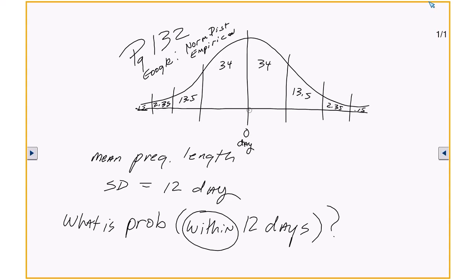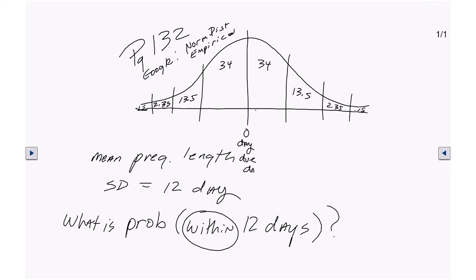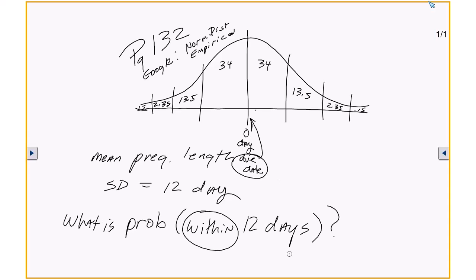Because after this, you're born 1, 2, 3 days after the due date. So, anytime you're given a due date, the due date is represented by 0 days. And that is one of the false assumptions on this problem. Students don't know what to do because they don't think. Okay, we're talking about pregnancy length and pregnancy. What is the goal of being pregnant?